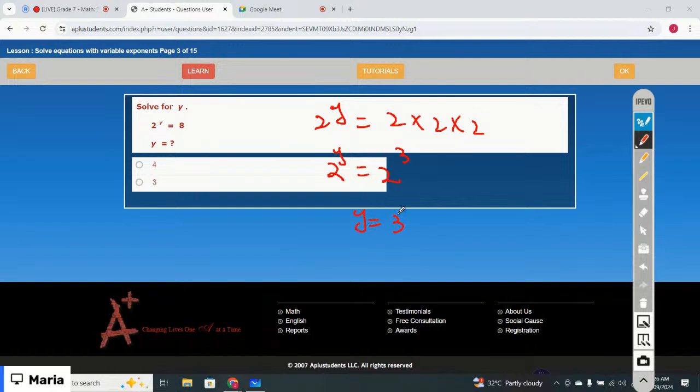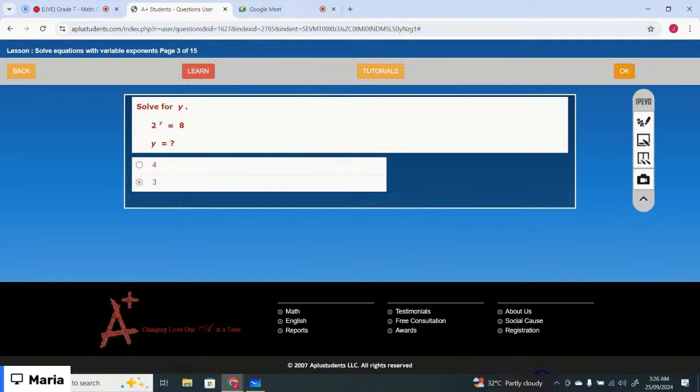So the correct option is y equals 3. Option number 2 is the correct option.